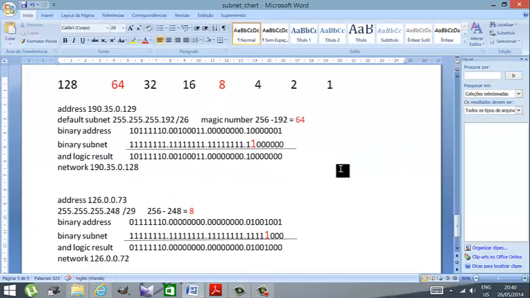Two different ways to find the magic number and how the router calculates the network ID, the network number, the network address. So let's say that you have this address and you don't know if this address is a usable address or a network address. So you convert this decimal value to a binary value, and then you have this value in binary, which is the same as this one.